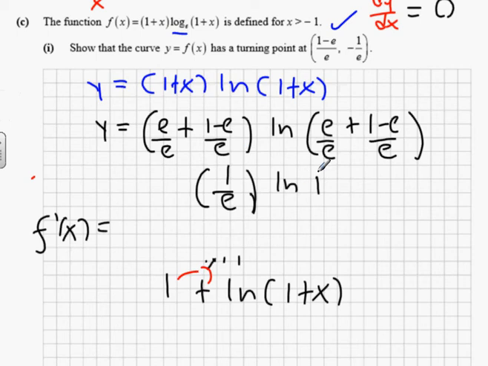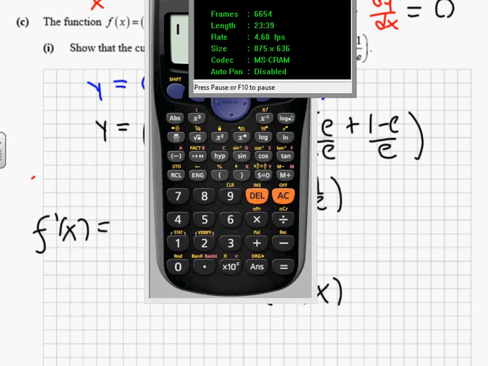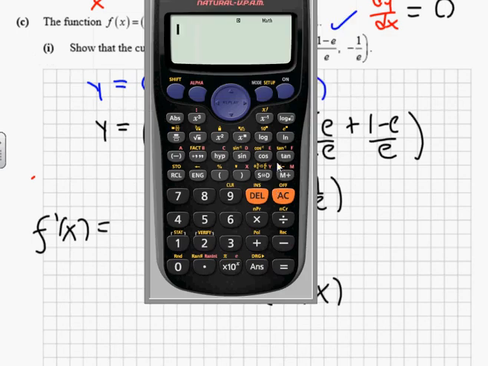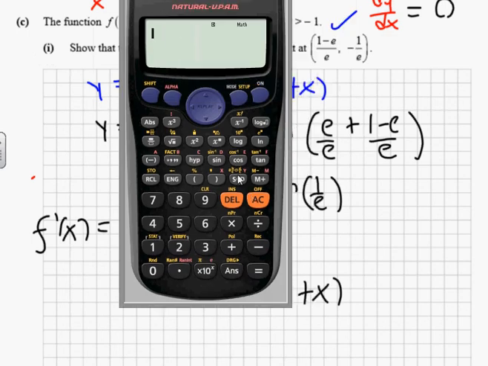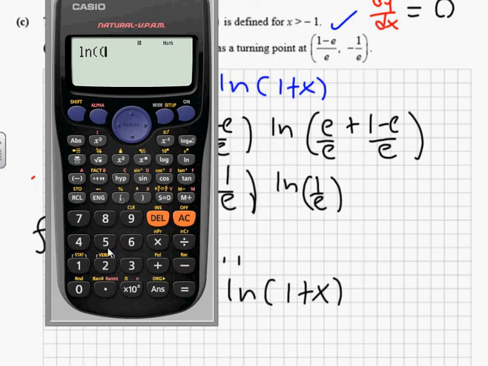Now, 1 over e ln 1 over e. Now, what we're going to find out is what is ln 1 over e. Okay, so we have a calculator here, we're going to try ln 1 over e.